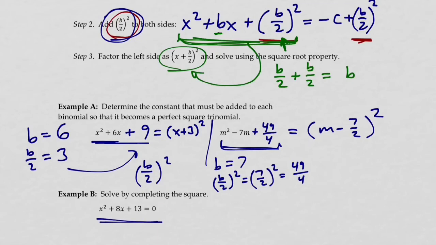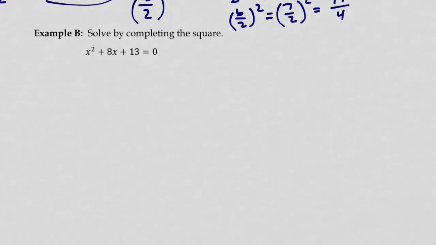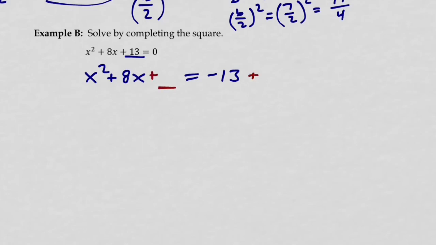So with those examples in mind, let's take a look at the following equation and try to solve it by completing the square. To complete the square, the first step is to move the constant term to the other side. So the plus 13 becomes a minus 13 on the other side of the equation. Now I want to think about what number I can add here, and because it's an equation I need to also add it to the other side.